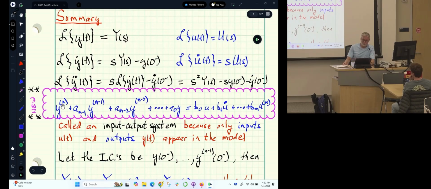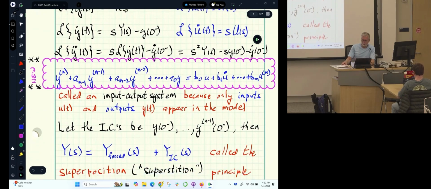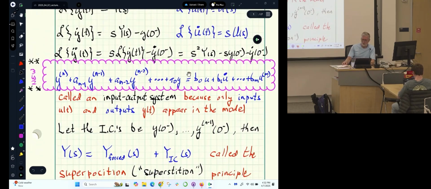You'd have a y to the n minus 1 with coefficients, and then you can have your inputs up to some n-th derivative. However many derivatives you have, you need that many initial conditions, but the first one is on y not differentiated, and the last one is on y to the n minus 1, and that's because we can always solve for y to the n once we know everything else.